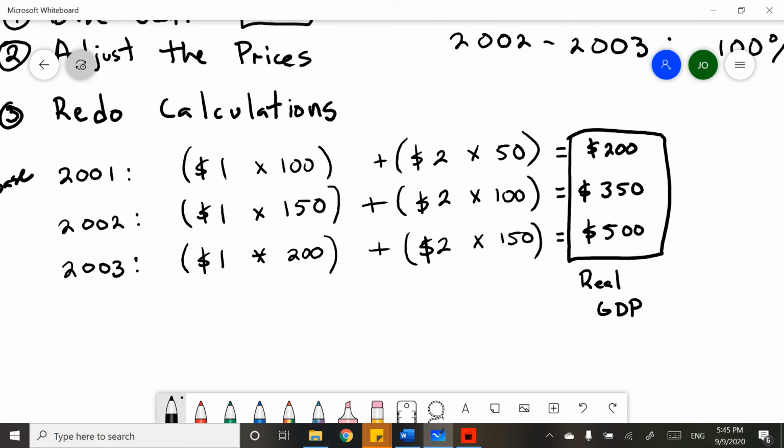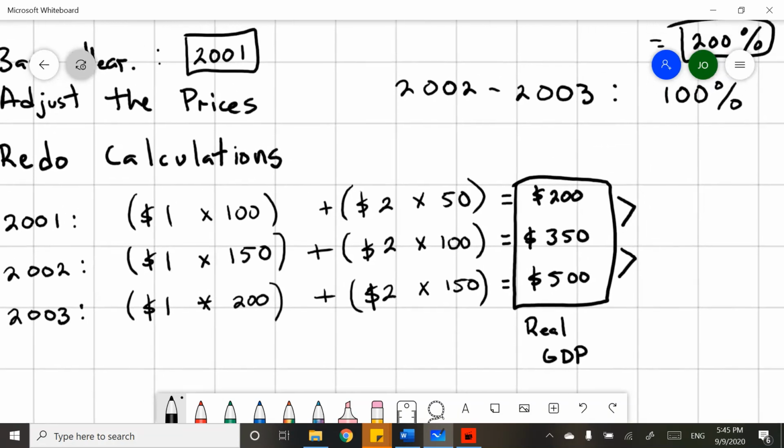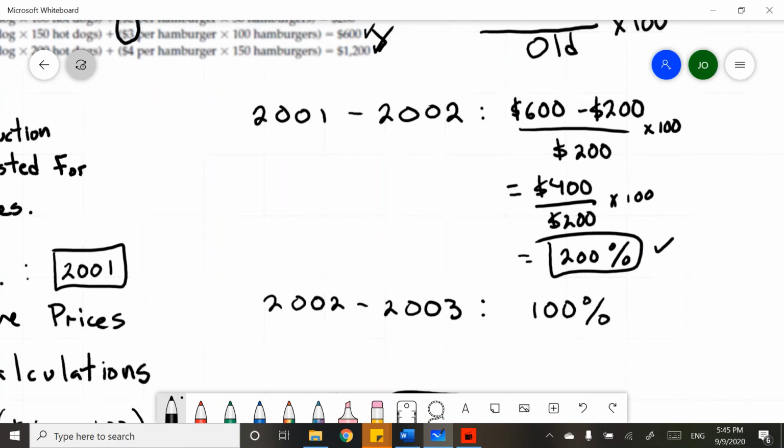And if we do the calculations for percent change, we will see that these numbers are also going to be adjusted, and they will represent real growth in the economy, which is not the case for these numbers. This would be nominal. Let's check out what the real growth rates were.